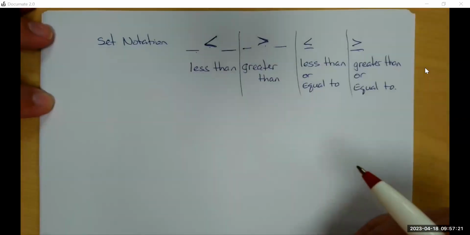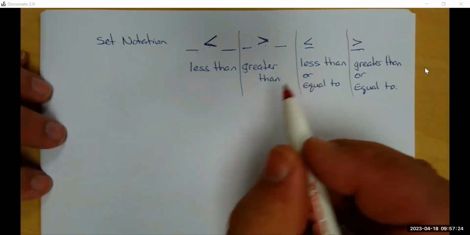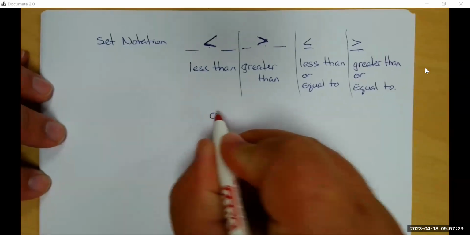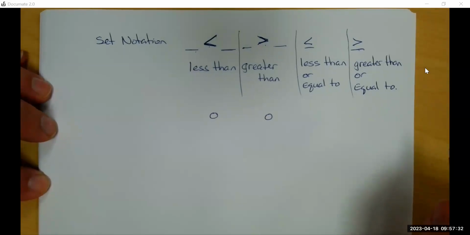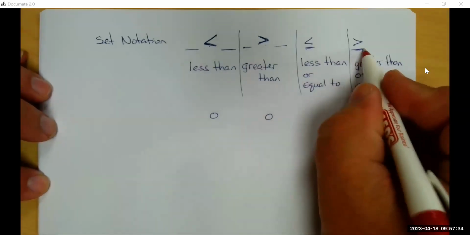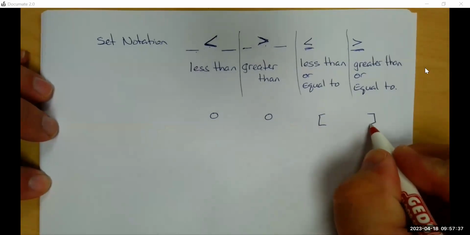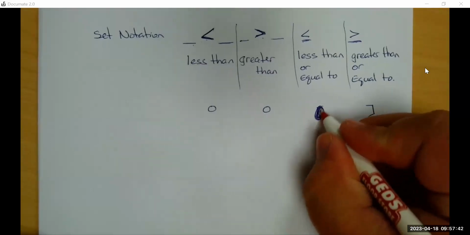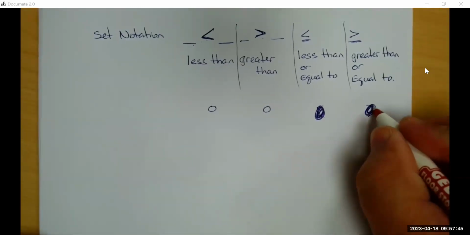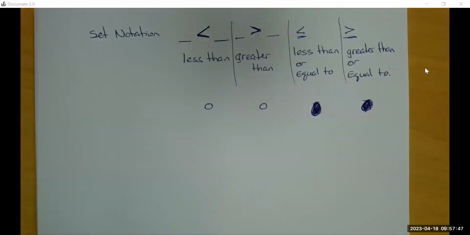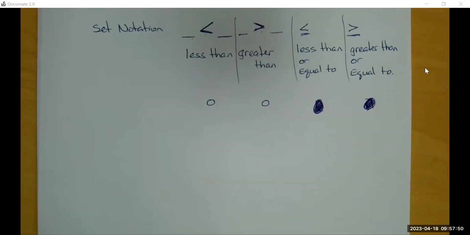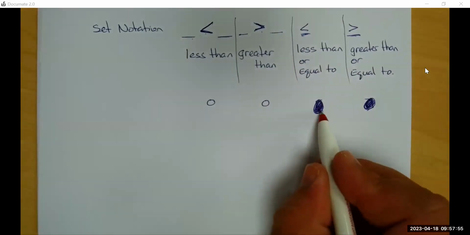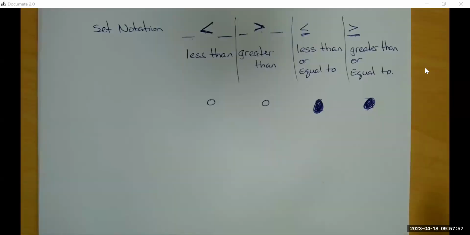These inequalities match up with, if it's a strict inequality, not equals, then these are going to be represented by open circles. If they have a line underneath it, those are closed circles. So if it can be equal to, then it's a closed circle. If it's an open circle, you can't use that last number.